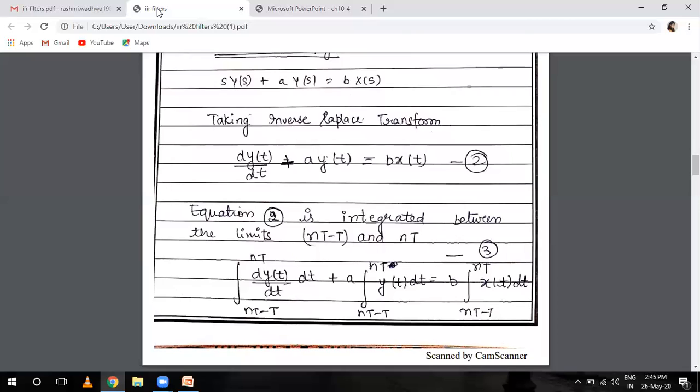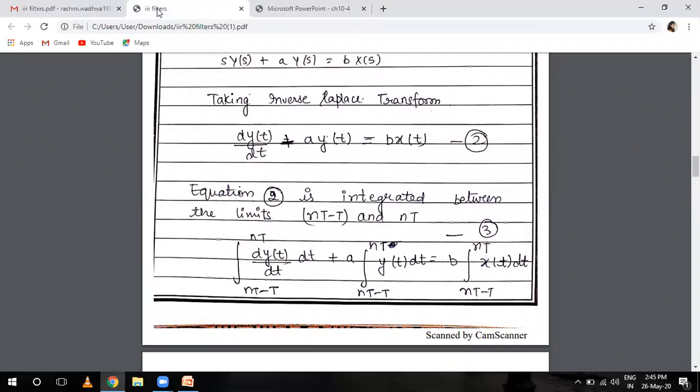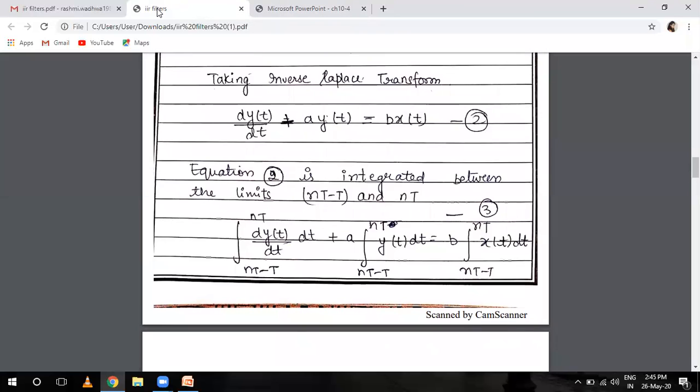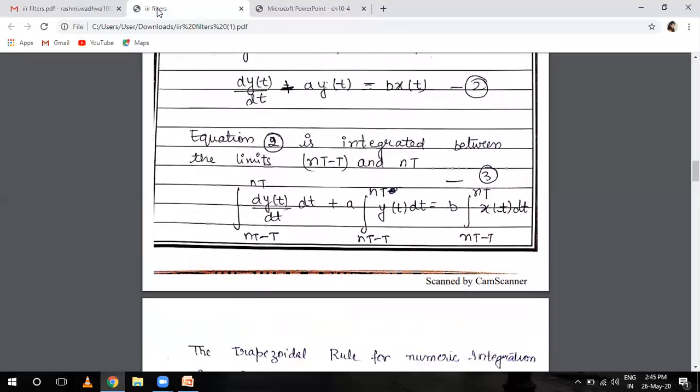The equation 2 is integrated between the limits nT minus T and nT. So when we are integrating over the limits nT minus T to nT, dy by dt into dt plus a y(t) dt, integration nT minus T to nT is equal to b x(t) dt over nT minus T to nT.